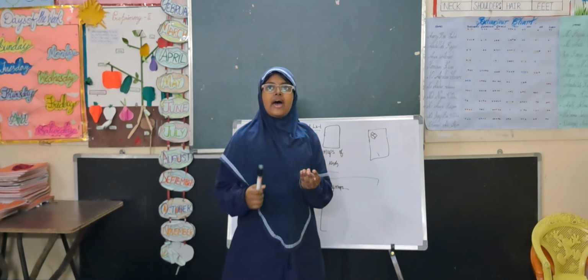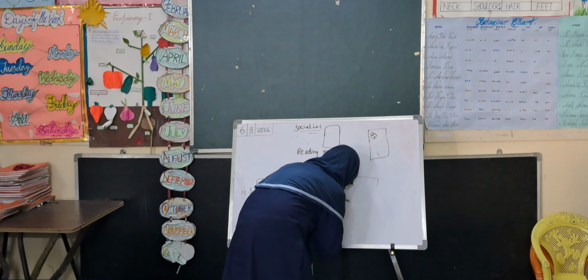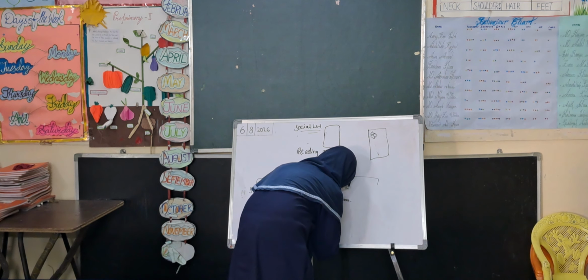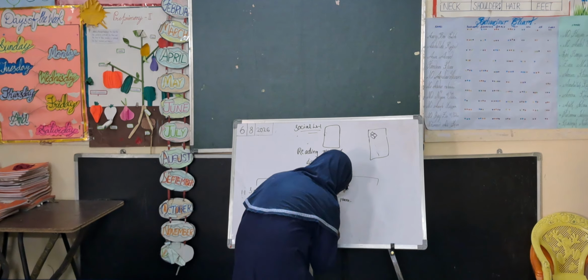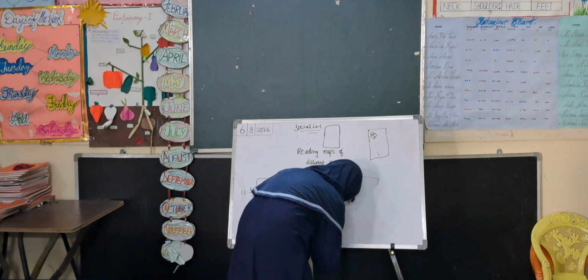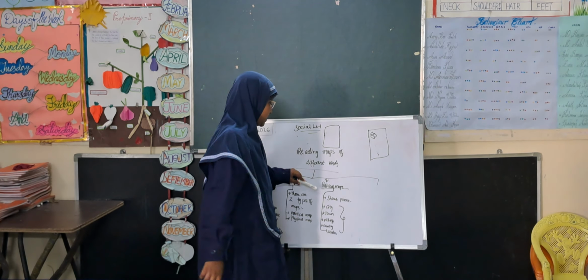They show places like city, town, village, country, and other states. So these are places which can be shown on the maps.